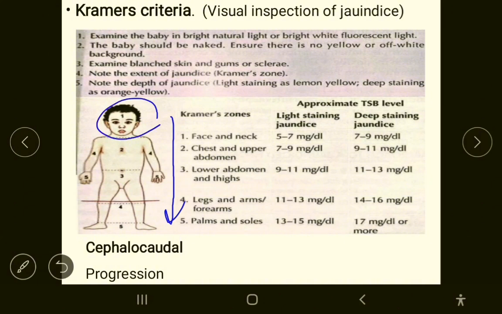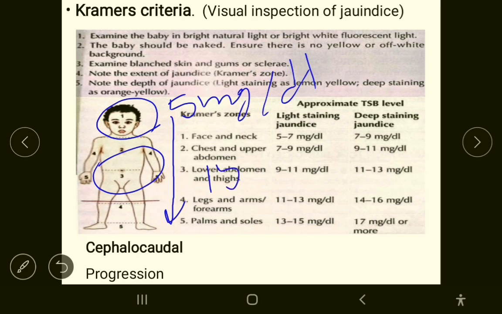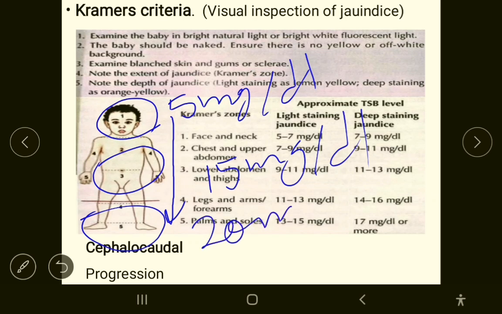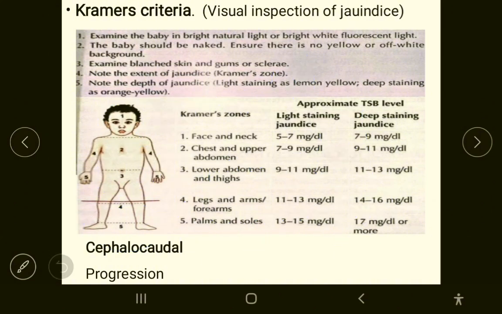The face demonstrates 5 mg per deciliter bilirubin, mid-abdomen demonstrates 15 mg per deciliter, and the feet and soles show 20 mg per deciliter bilirubin. Kramer's criteria is not 100% correct, but it gives a clue to evaluate serum bilirubin.